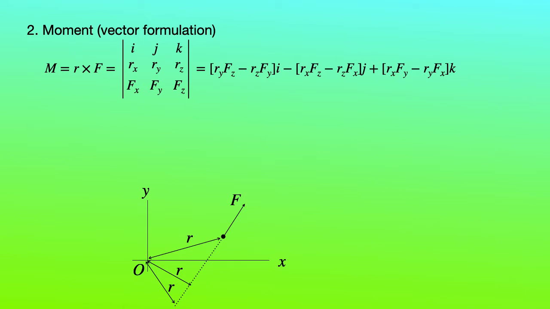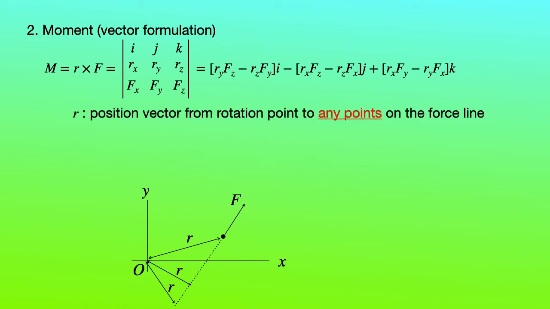You need to understand how to operate this formula. Also, r is the position vector from the rotation point, point O, to any point on the line of force, and F is the sliding force that can slide along the line of force. So you select any point on the line of force to become the position vector.